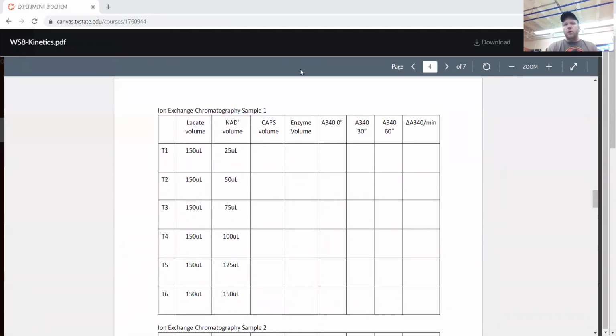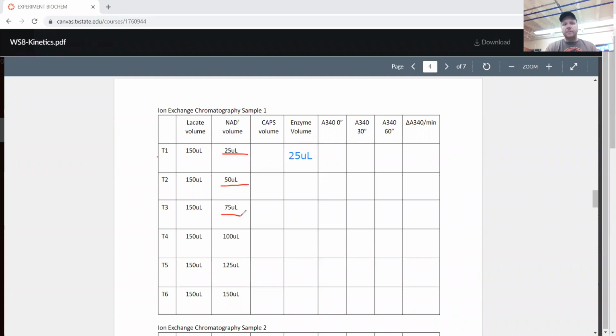In part 2, you're going to be varying your NAD+ volume. You will have used part 1 to figure out that, say, I need 25 microliters, as an example, of my enzyme added to a reaction. What I'm going to be varying amongst trials 1, 2, 3, 4, 5, and 6 is my NAD+ volume.